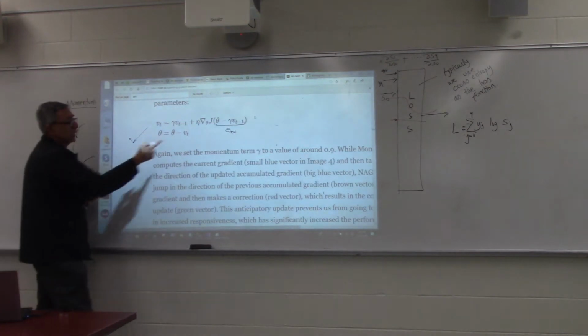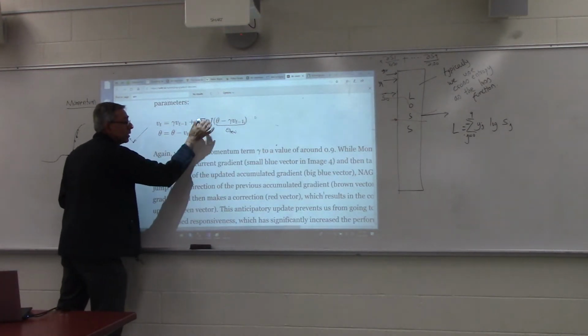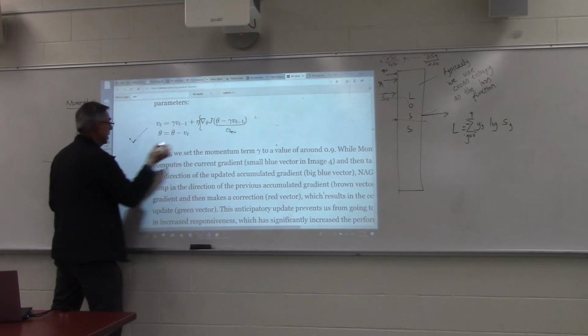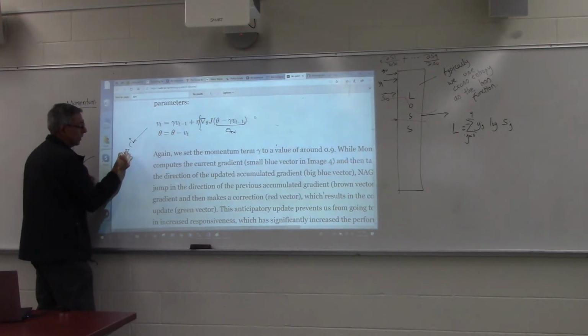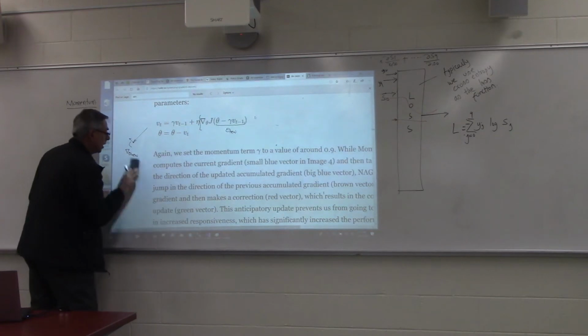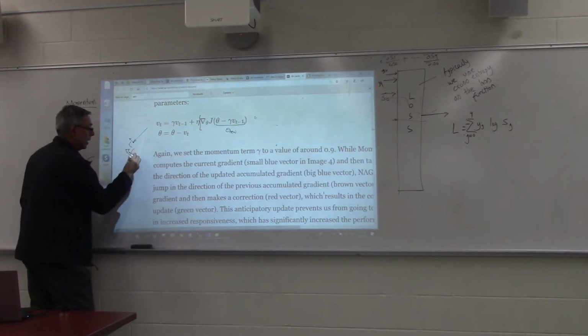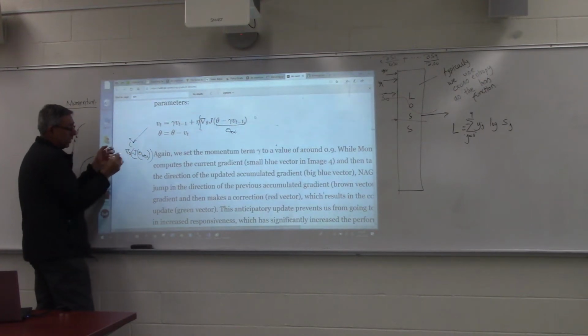So this is theta new, and the gradient of J at theta new, let's suppose happens to be something like this. Suppose it happens to be here.